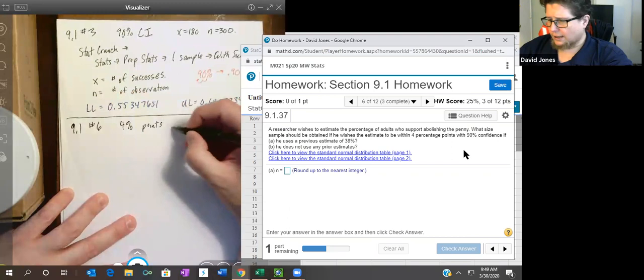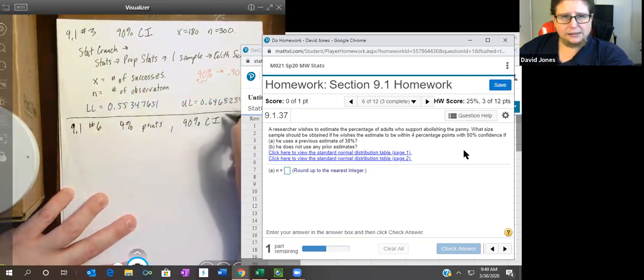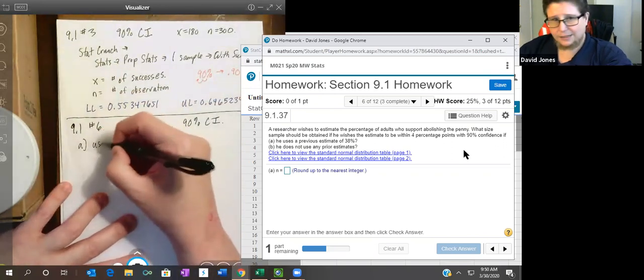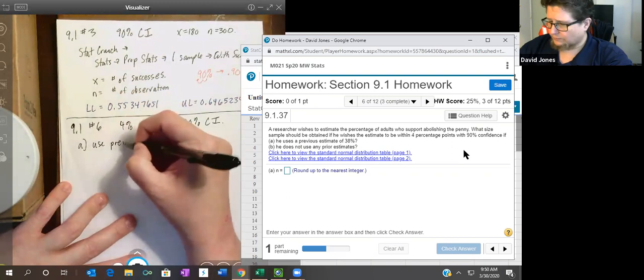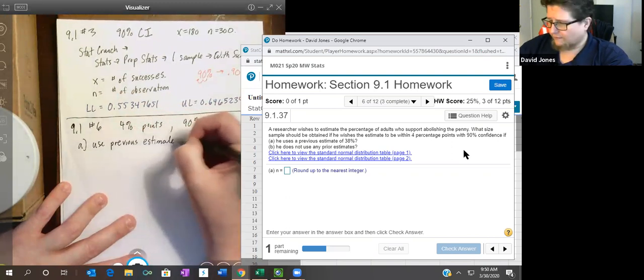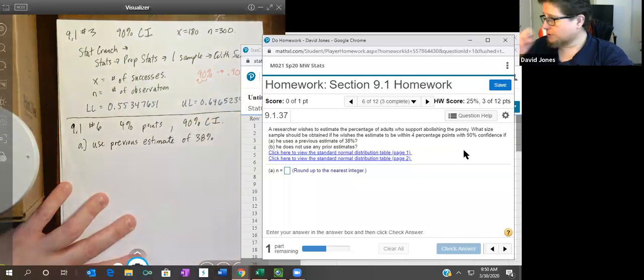They want a 90% confidence interval. In part A, they say use a previous estimate of, for me, 38%. I don't know if you'll have 4% or not.